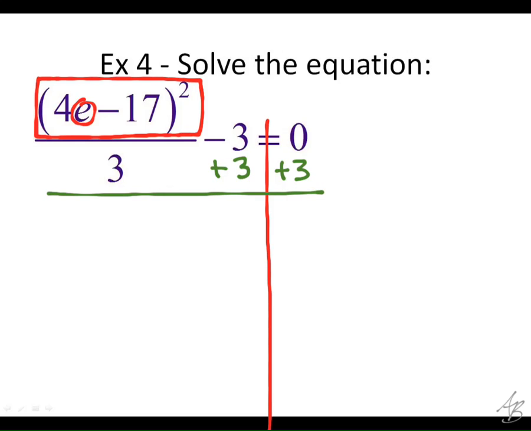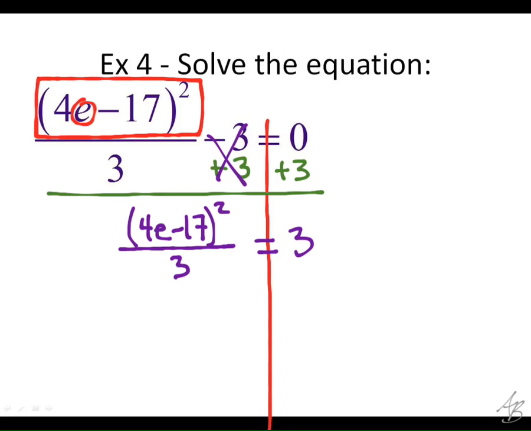So when we add 3, those 3's cancel each other out. And what does that leave on the left side? In the parentheses, E minus 17 squared. And 3. Okay, and on the right side? 3. Still have to get rid of this 3 first before we can do anything with the square, so we're going to do that by multiplying by 3.